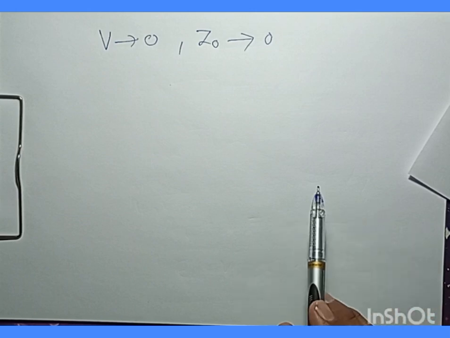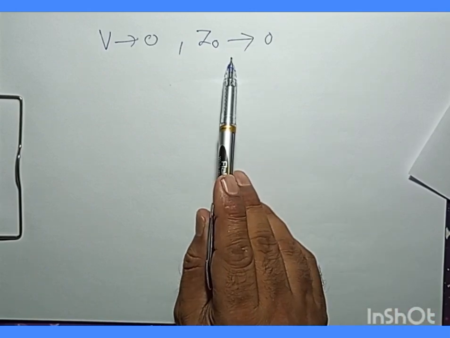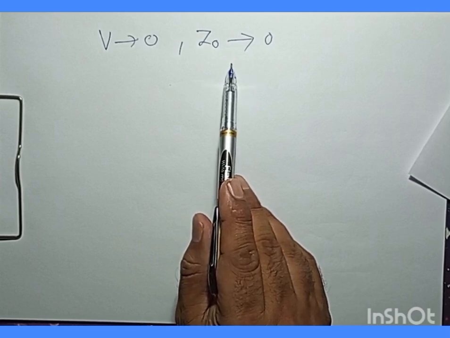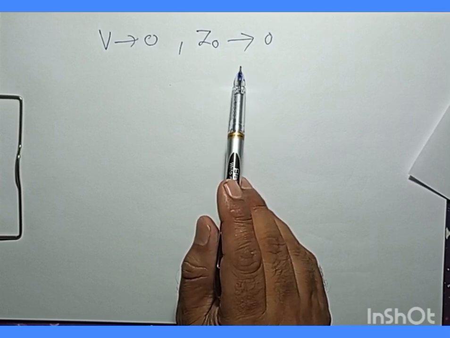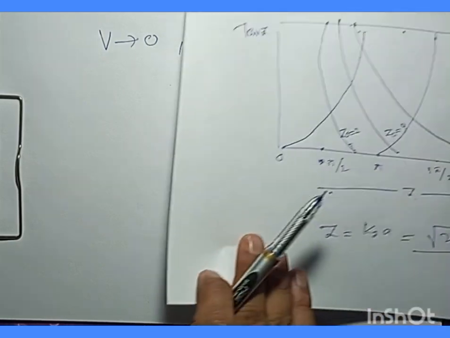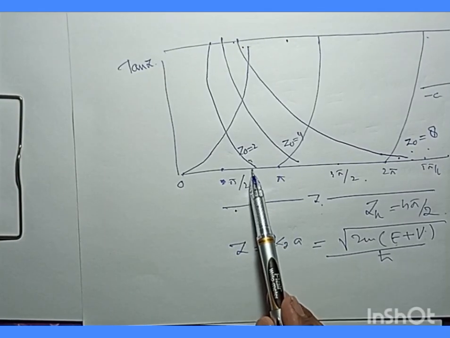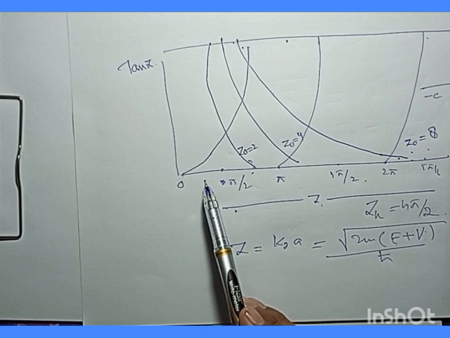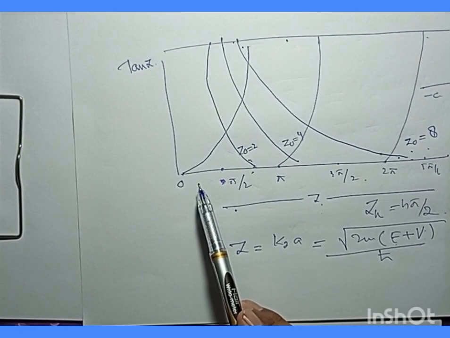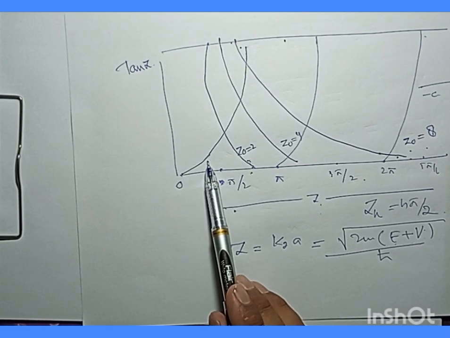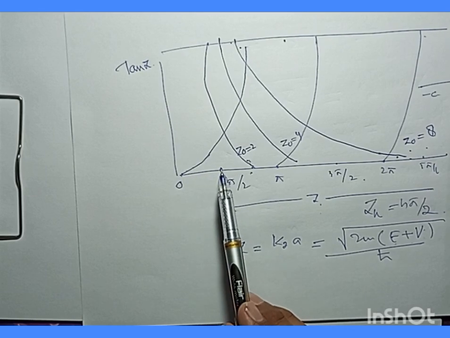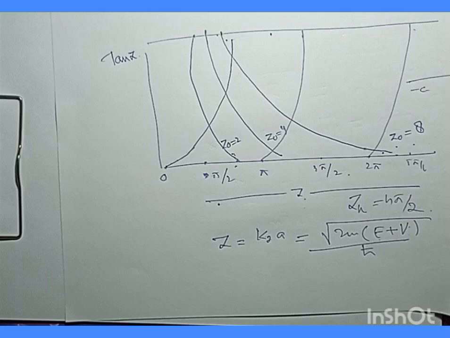So the argument is that as this z decreases, there are fewer and fewer bound states until finally for z naught equal to pi by 2, only one remains. It is interesting to note that there is always one bound state, no matter how weak the well becomes.